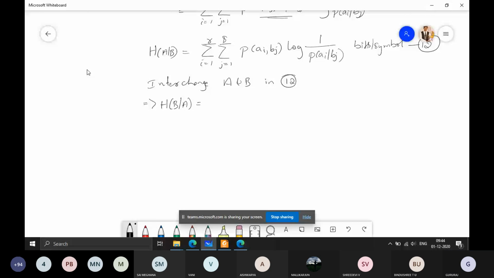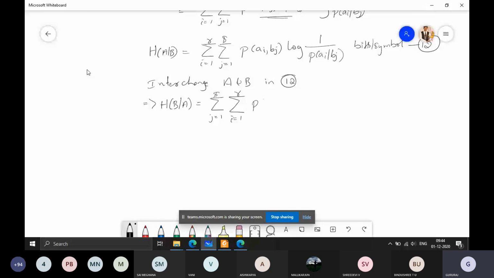So the summations will also change now. So j is equal to 1 to s, instead of i is equal to 1 to r, since you are replacing a with b, so the range of a will be replaced with the range of b, j is equal to 1 to s. And then the range of b will be replaced by the range of a, which is i is equal to 1 to r.